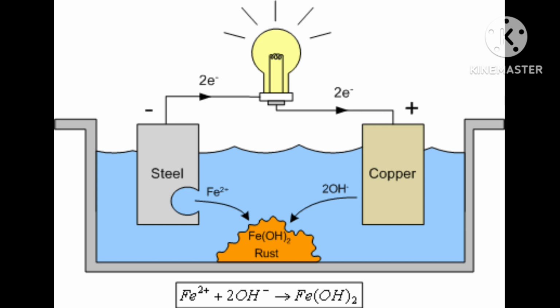It is a weak acid, carbonic acid. For corrosion, oxidation is responsible. I think now you have understood. In corrosion, a metal is oxidized by loss of electrons.